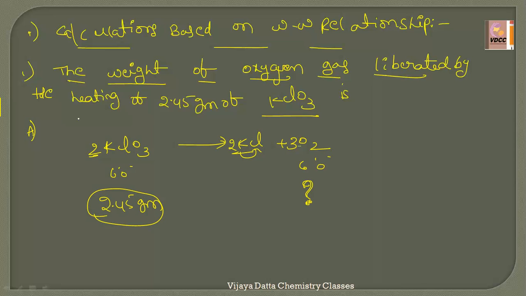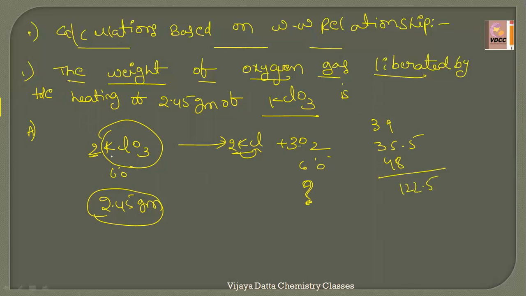Let us see what the molecular weight of KClO3 is. Potassium is 39. Chlorine is 35.5. One oxygen is 16, so 3 oxygens are 16 times 3, which is 48. If you calculate this, you will get 122.5.